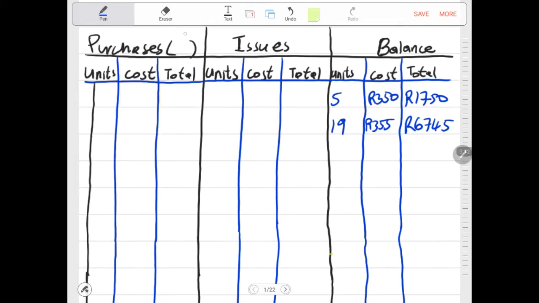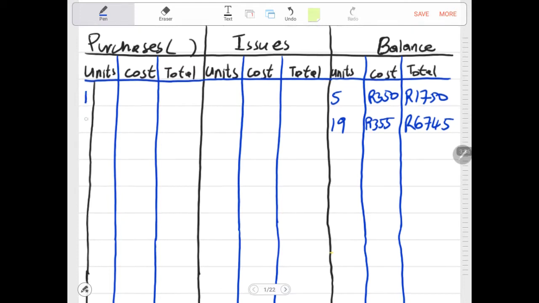Our opening balance does not affect our purchase and does not affect our issue at first. Now we know that this opening balance of the inventory is inventory that was bought in the previous period. Obviously, it was recorded as purchase in the month of February, which is the month the transaction took place. In this case, we are just recording the opening balance from the previous period.